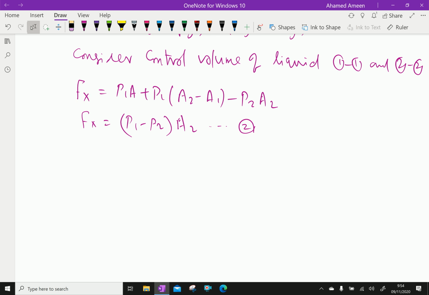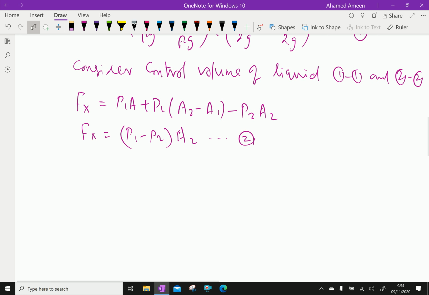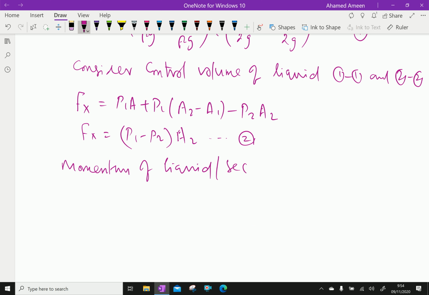Now the momentum of liquid per second in section 1 equals mass into velocity.